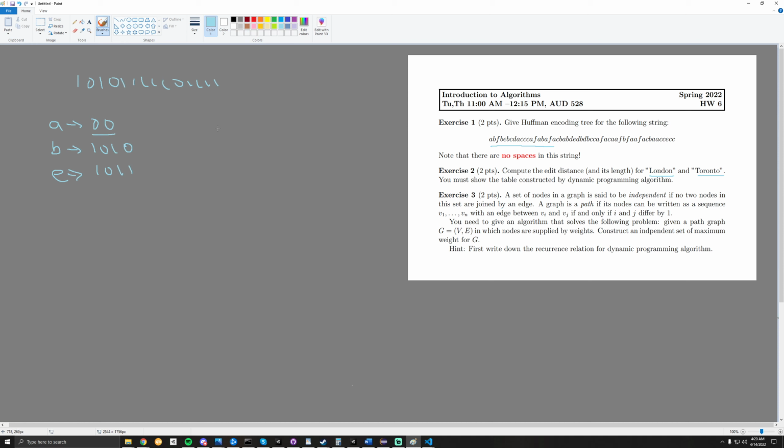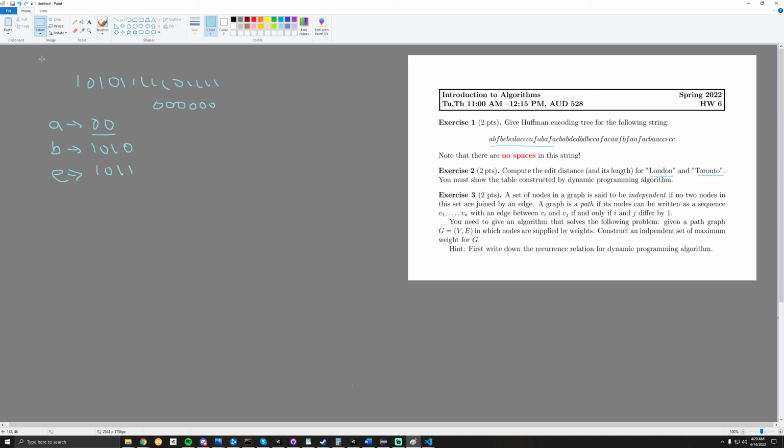And that'll give us an overall shorter binary encoding of this string by using the letters we see the most frequently by having very short ones. So if we had a bunch of A's, this would be 3 A's in a row. And if we had B's, they'd be very long, but that doesn't appear to be the case in this string.